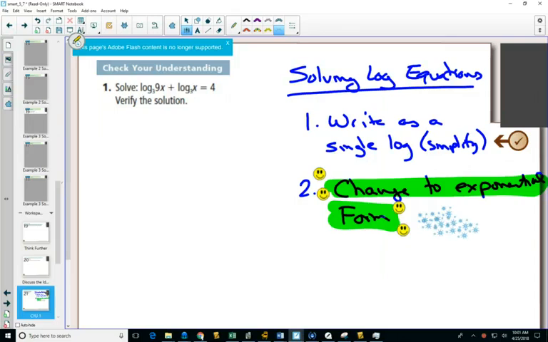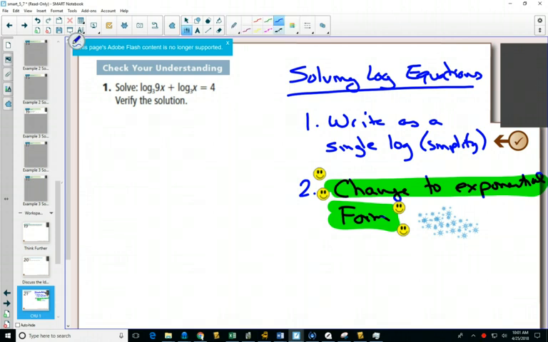Don't forget this step. This is the important step. We're going to keep referring to this. This is the one that is going to be hard for you.